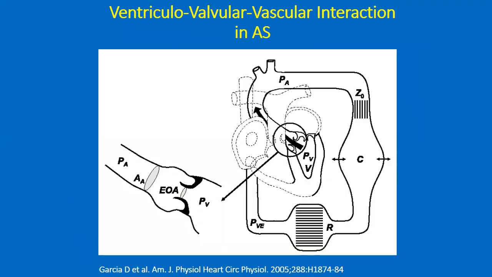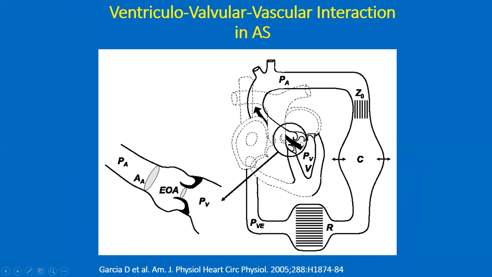So in general, we should look at aortic stenosis not only as a disease of the valve itself, but of the ventricle, and the implication of the aortic properties and the peripheral vasculature, which contribute to increase the resistance to ejection of blood in systole.